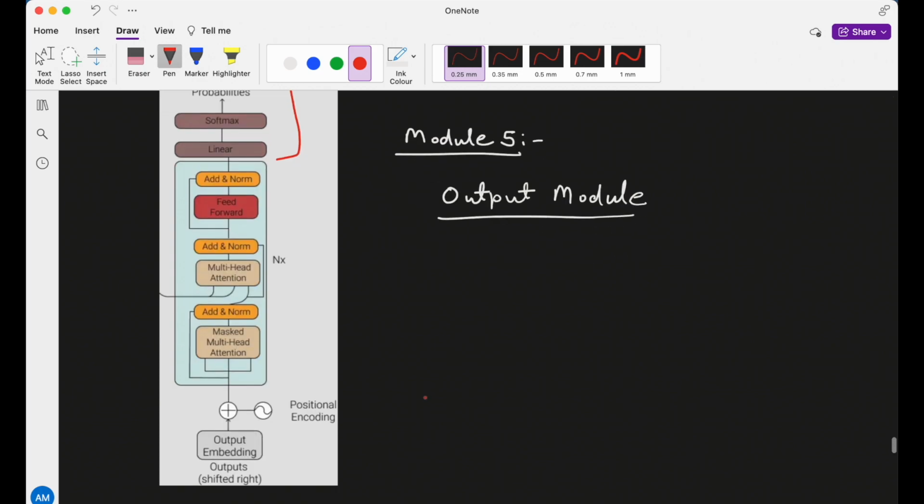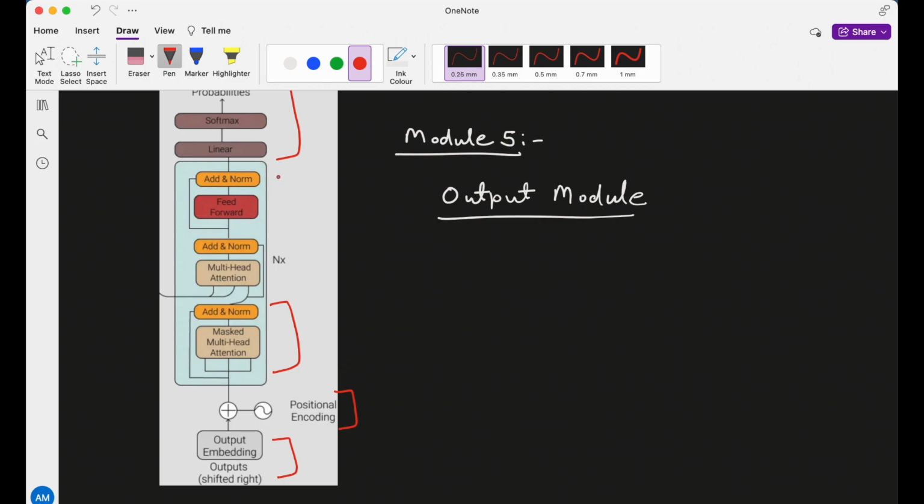Let me just give you the revision briefly. First we discussed the output embedding, where it converts the words into vectors. Then the positional encoding, because the positions are very important in a sentence, so it remembers the positions of words in a sentence. Then the next module is this masked multi-head attention, which is the heart of the transformer and captures the contextual information of the input data.